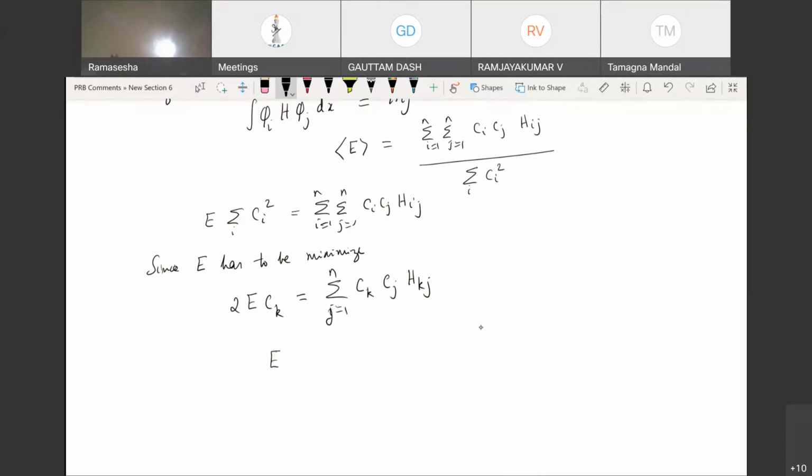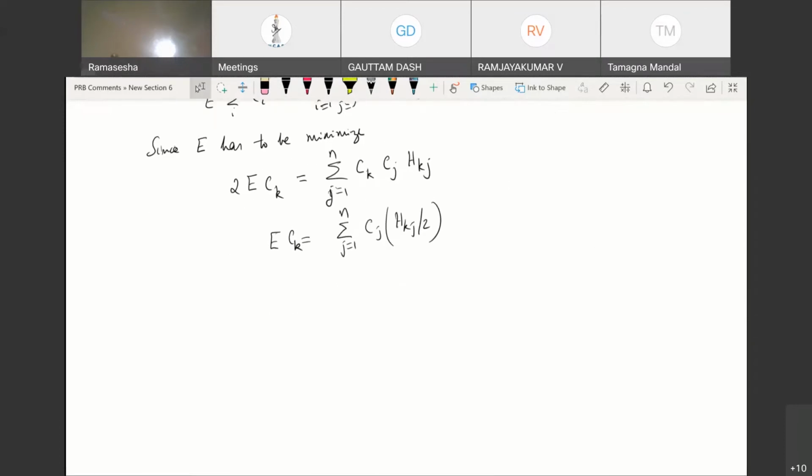So I have E C_k is equal to the sum over j from 1 to n of C_j H_kj.